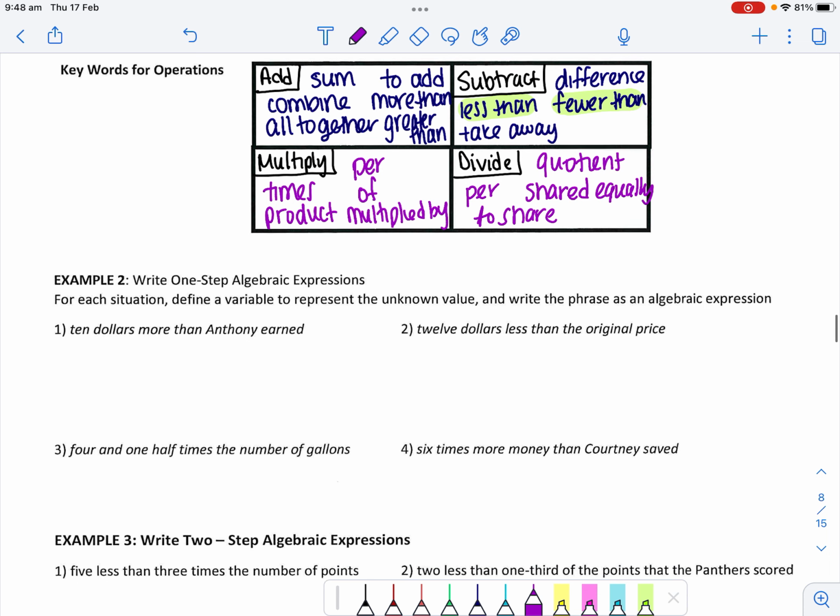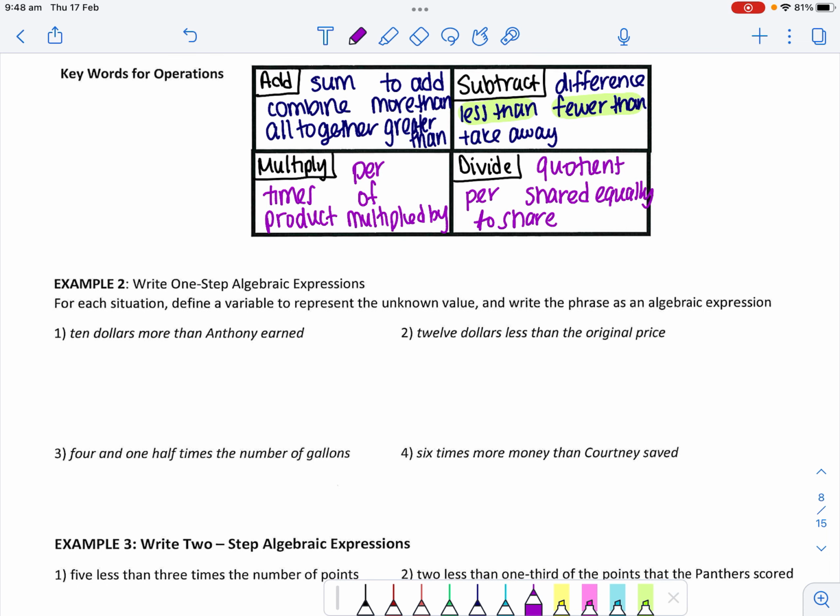So in example 2, and I'm going to try and keep this little box on here as much as I possibly can, it says for each situation, define a variable. This is super important. So we have to say what the variable means in the situation, and then write an algebraic expression. So write the phrase as an algebraic expression. So this says $10 more than Anthony earned.